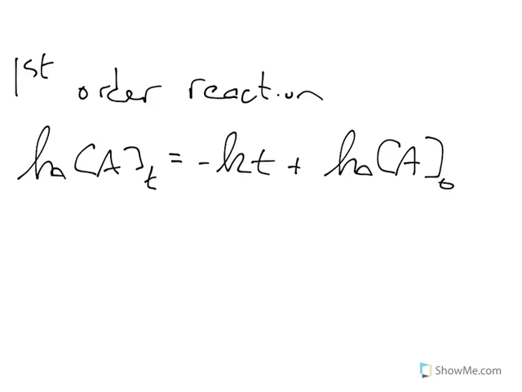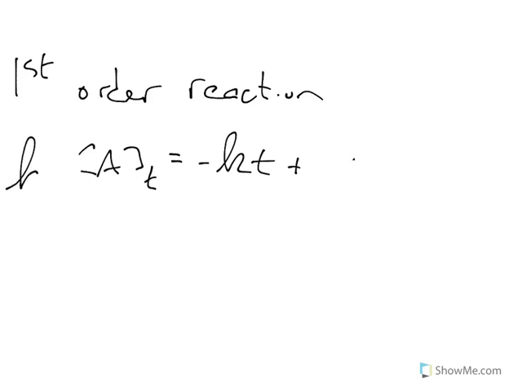Apologies, my pen is acting up. So it's the ln of the concentration of A equals minus kt plus the ln of A0. That's our integrated first-order rate law.